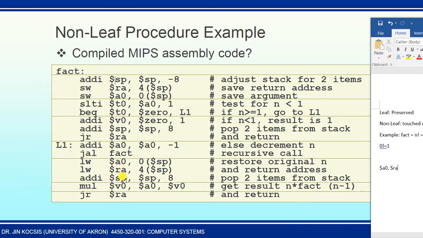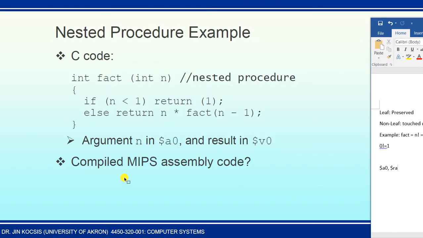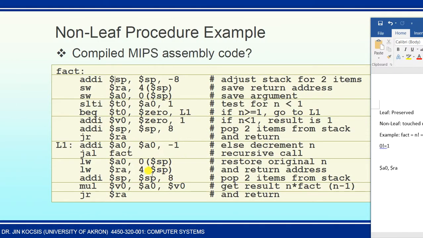Right now, A0 has the value n, so I can use the value in A0 times the value in V0, right? That's why you can see here, I do the multiplication between A0 and V0 and use that value to update V0.